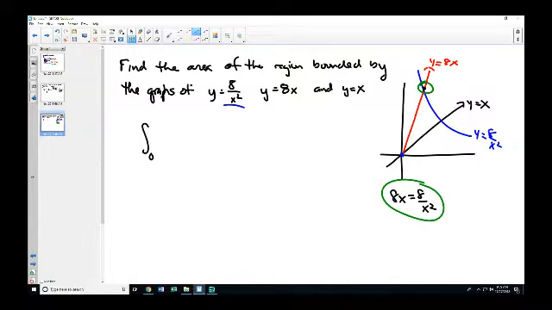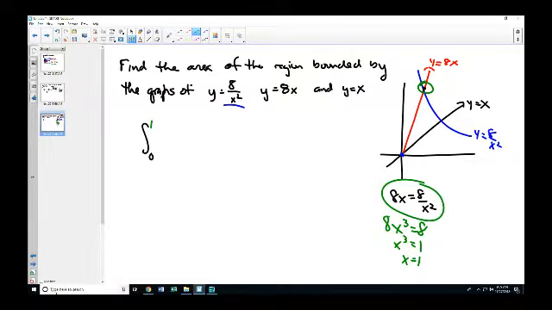And your other intersection point will be 8x squared equals x. Multiply x squared on both sides: x cubed is 1, at x equals 1. Correct.